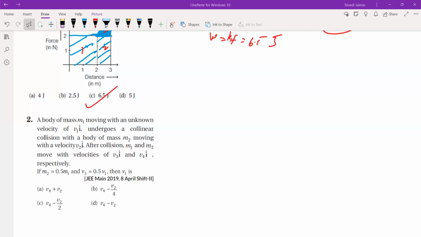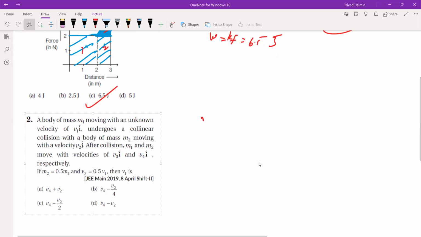Here, we need to just use the formula with v1, v2, m1, m2. It's very easy. Come on, before collision, after collision. M1 U1 plus M2 U2 equals M1 V1 plus M2 V2. Solve it and do it fast.